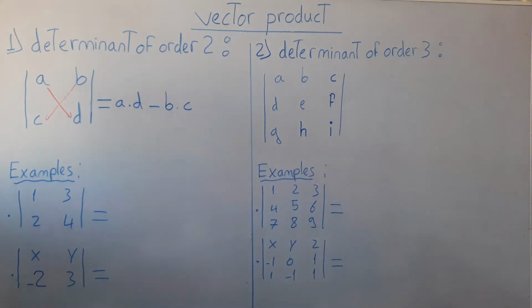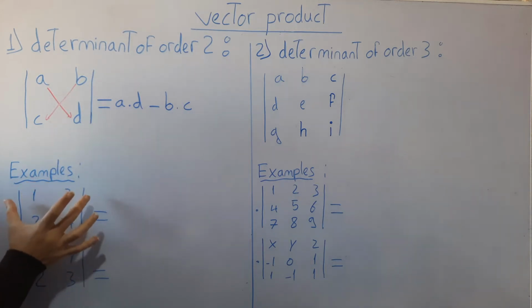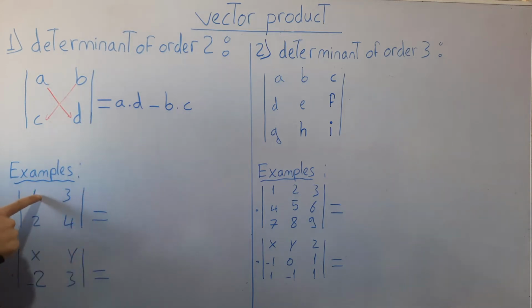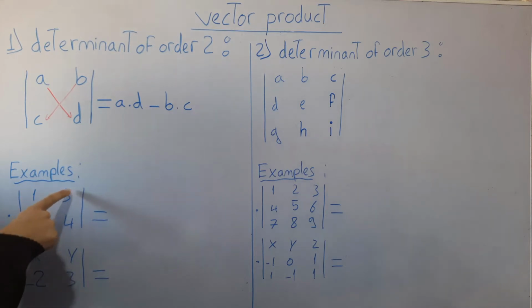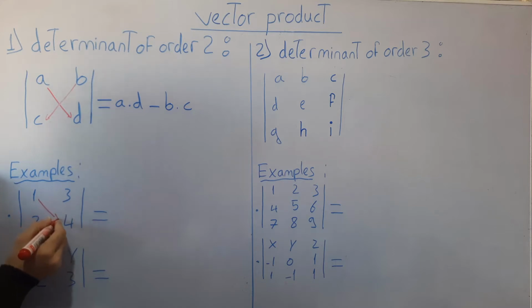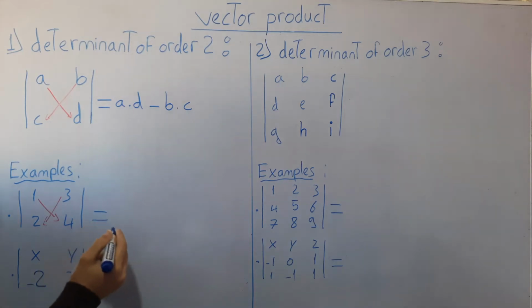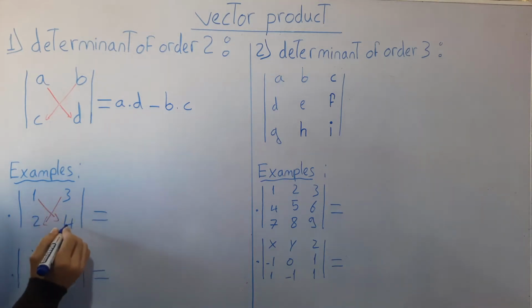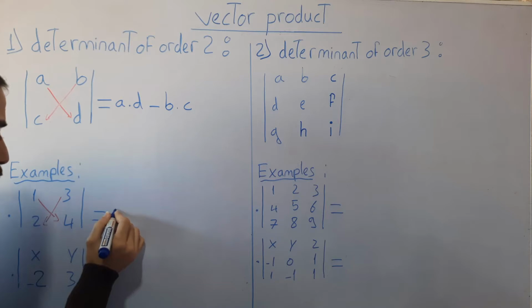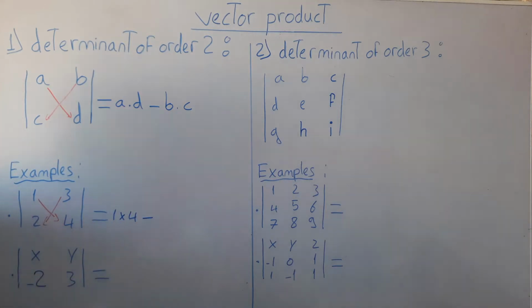Let's take some examples. To calculate the determinant, we multiply 1 by 4, 3 by 2. So, 1 times 4 minus 3 times 2.